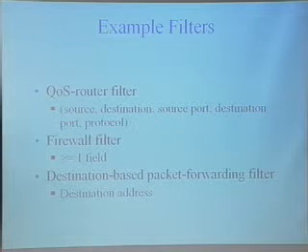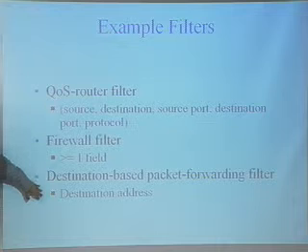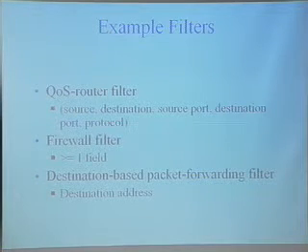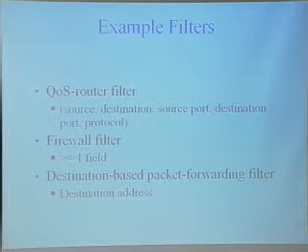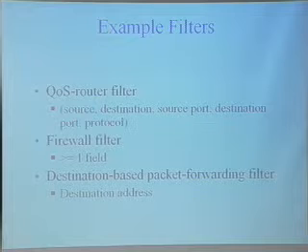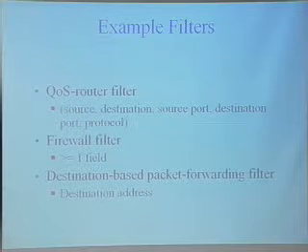The most common kinds of filters around are simple one-dimensional filters that are based only on the destination address. Okay. So if you're sending packets around the internet, they typically do their job by just looking at the destination field of the header.